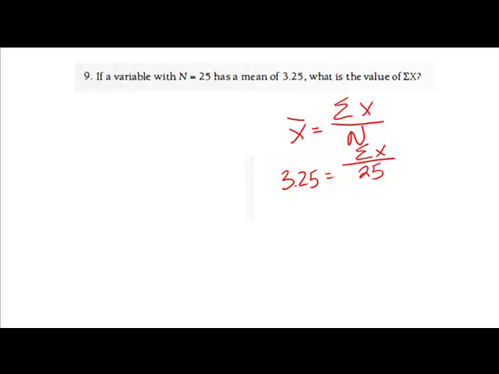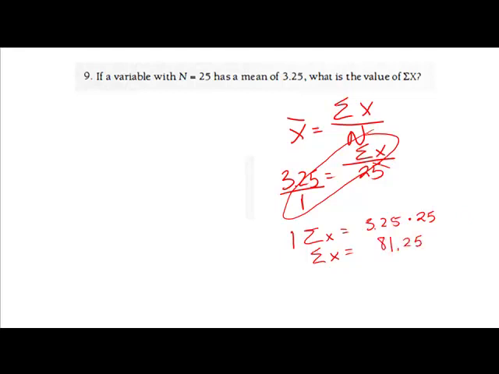Flashback to, again, middle school math, this 3.25 is actually 3.25 divided by 1, and in order to move things around, you would do cross products, and so by doing that we get 1 times the sum of x equal to 3.25 times 25. 1 times anything is that something, and then for 3.25 times 25, the answer is 81.25.